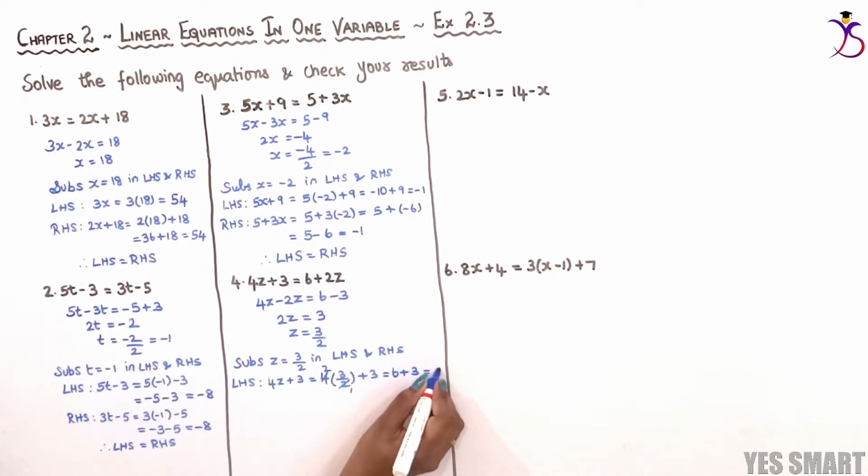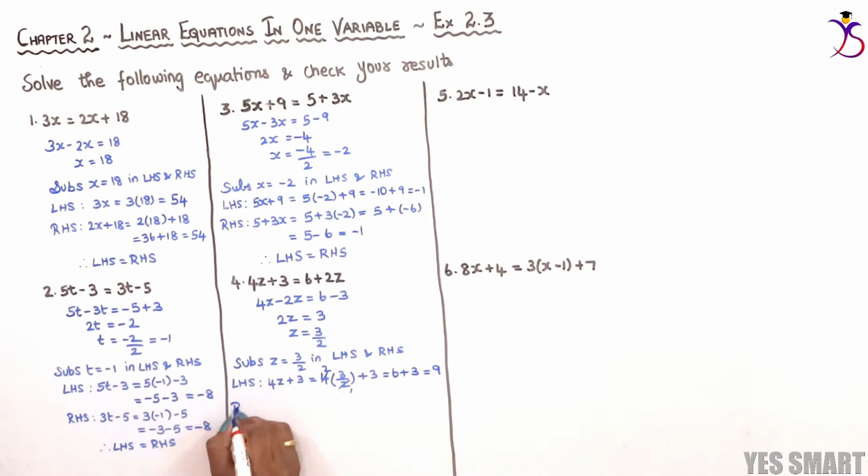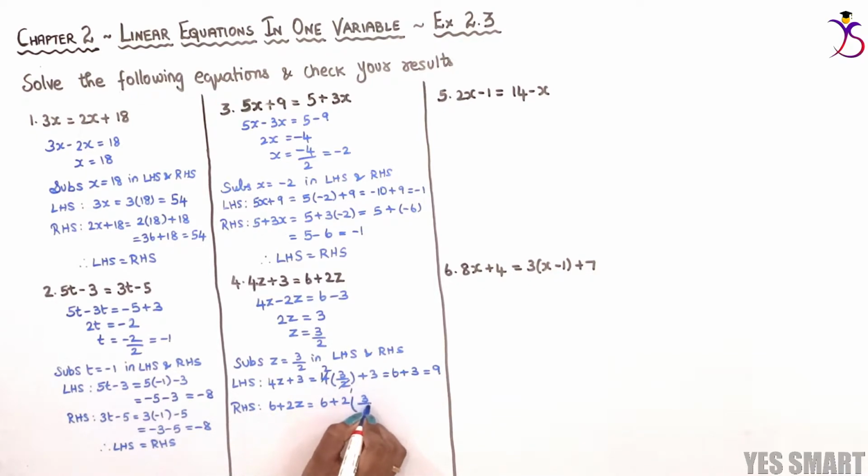So 6 plus 3 is 9. Now in RHS, 6 plus 2z equal to 6 plus 2 into 3 by 2. 2 gets cancelled. So 6 plus 3, which is equal to 9. Therefore, LHS is equal to RHS. Hence, we have verified our results.